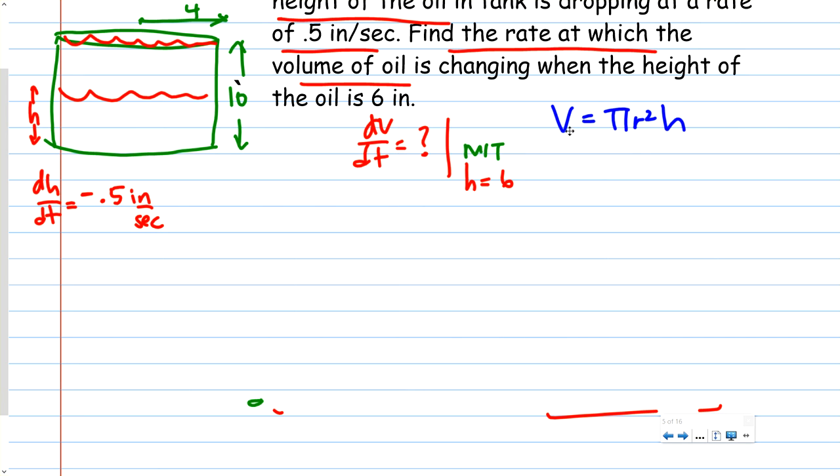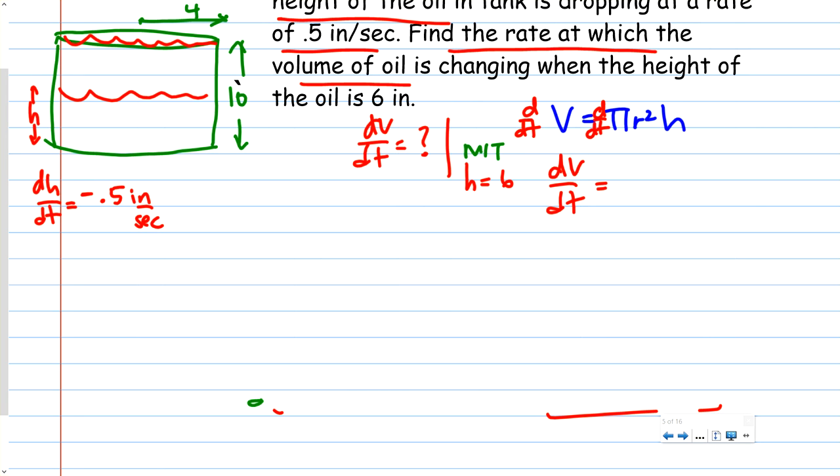All right, so what I'm going to do now is I don't want V. That's not very useful to me. I want dV/dt. What I'm going to do is take the derivative of both sides. So d/dt of both sides. What's the derivative of V? dV/dt.